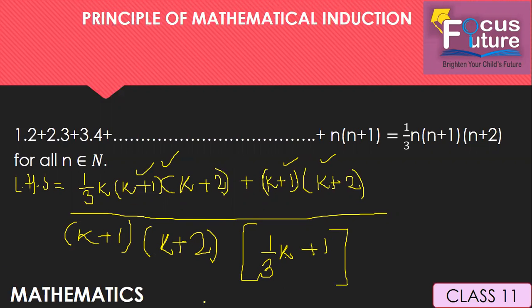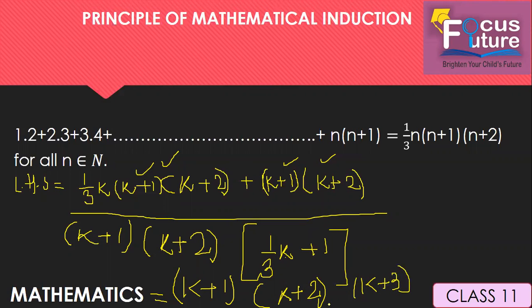That would be k plus 1 into k plus 2 and take 3 LCM. So this would be k plus 3 and 1 by 3 outside. So this would be your LHS.